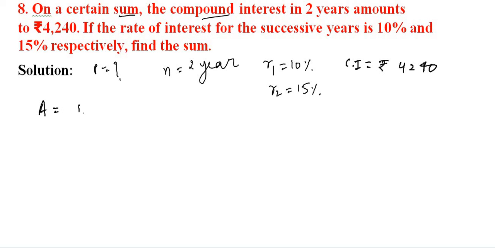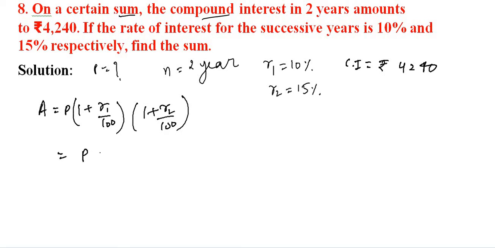A formula is P into 1 plus R1 upon 100 into 1 plus R2 upon 100. Okay. A is not given. P is also not given. 1 plus R1 is given 10 upon 100 and here 1 plus R2 is given 15 upon 100.